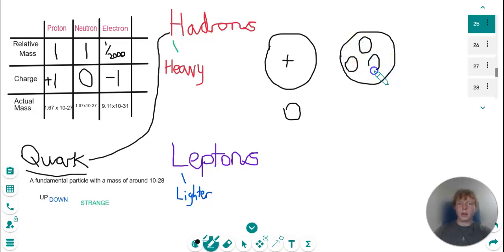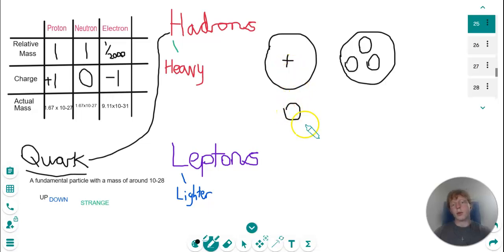Okay? However, these quarks also have their own fundamental charge, like the proton and neutron. Okay? So the charges of the quarks in the neutron will add up to 0. And the charges in the proton will add up to plus 1. Very important that we also have our pluses and our minuses in check. Okay?